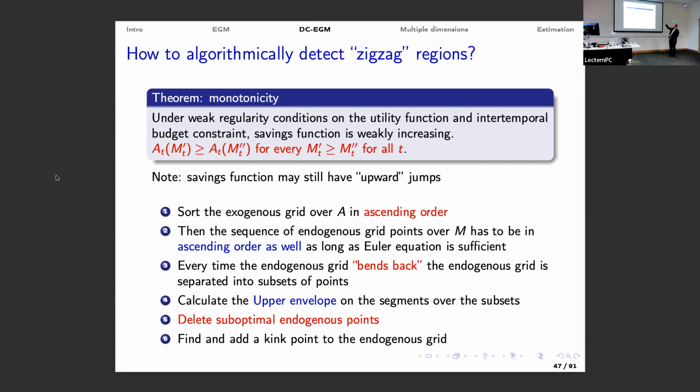So it turns out that it still holds in this formulation, and that means that if we generate the points on the savings grid in the ascending order, we expect the corresponding points on the wealth grid to also come out in the ascending order. But once that breaks, we know that there is this suboptimal solution that we've encountered.